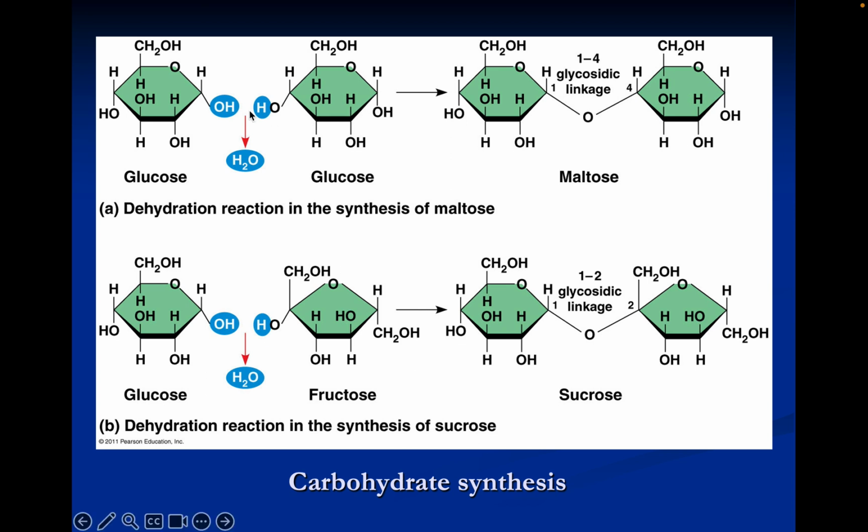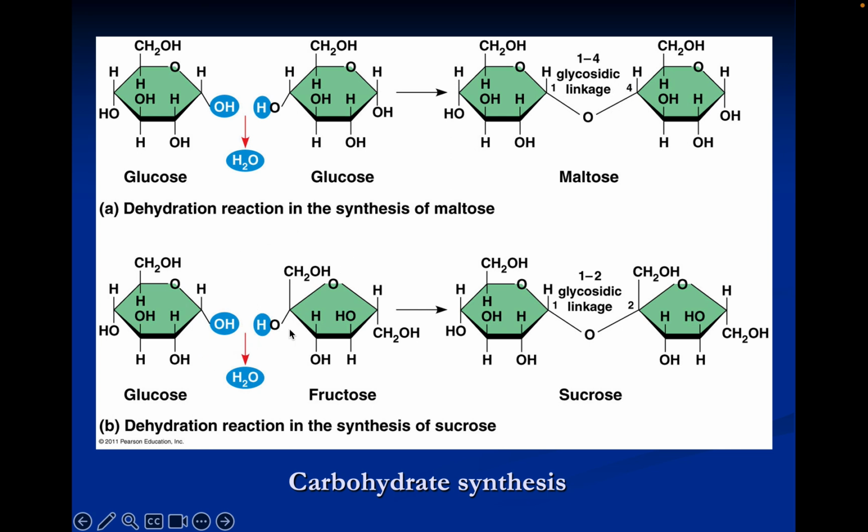All right, so here's an example of a dehydration reaction in the carbohydrate, linking this glucose to another glucose to produce a disaccharide, maltose. We have an OH and an H. They leave together to form water, and that bond snaps together here between that leftover oxygen.